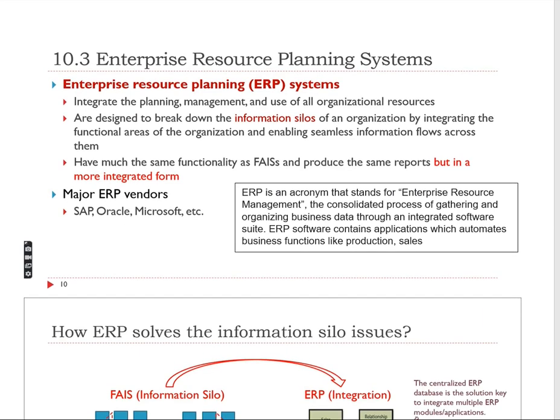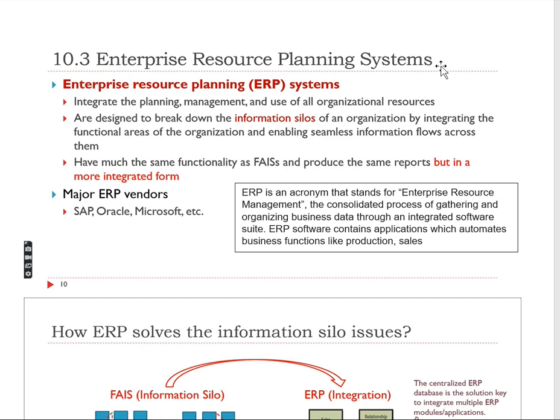So it all comes down to something called an enterprise resource planning system. And that's basically coming in and taking all the planning and all the managing and all the resources, all the silos you have out there, all the data that you have out there in whatever form they're in, and you break it down and you integrate it into the functional areas of the organization so that the right people can get the information that they need to do their job.